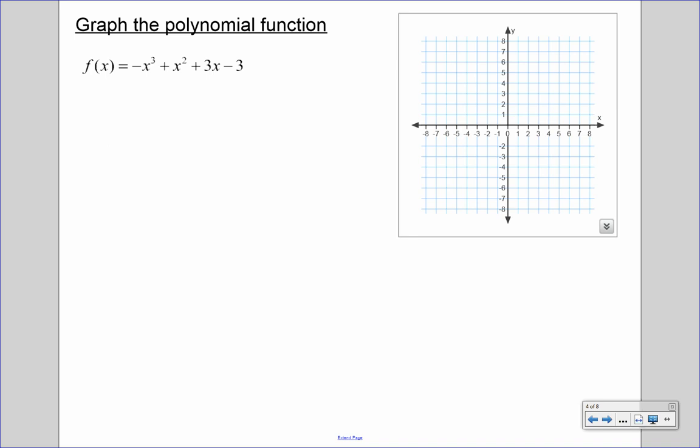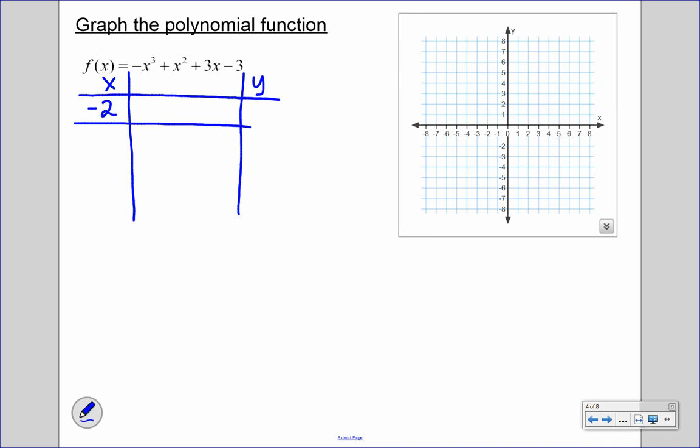Okay, now what I want to do first is a table of values. So let's do x, then I'm going to use that up there, and then our y. And I'm going to use 5 points. And the best 5 points to use are our -2, our -1, our 0, 1, and then 2.